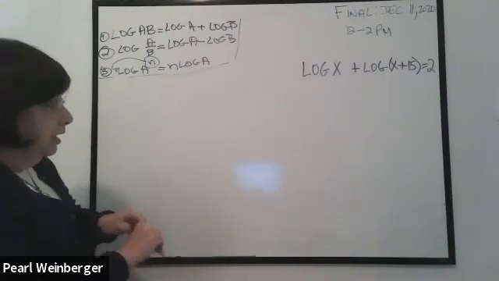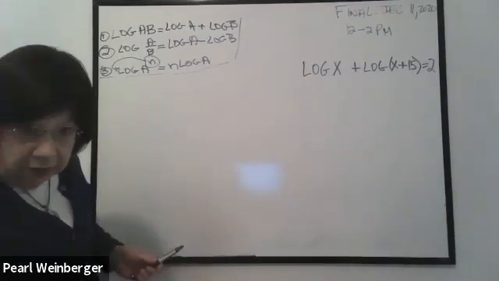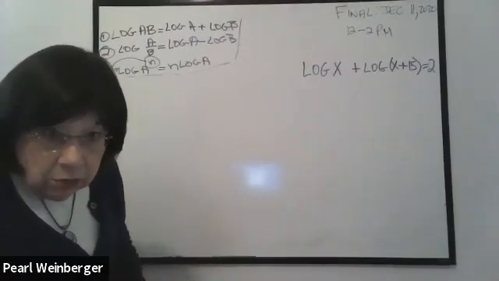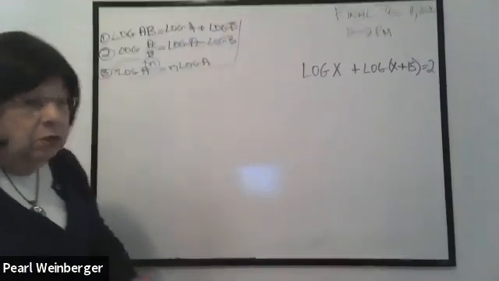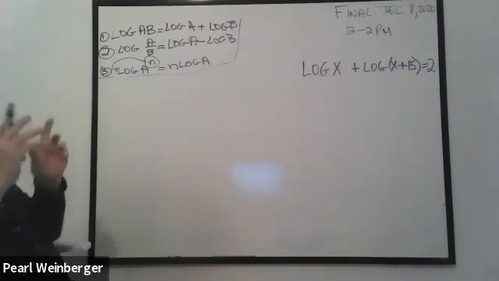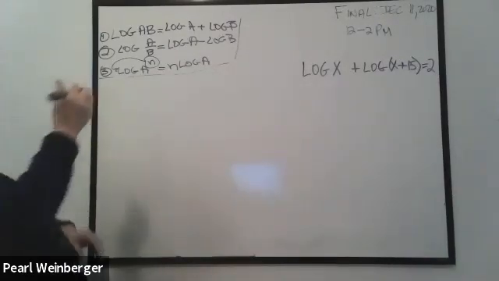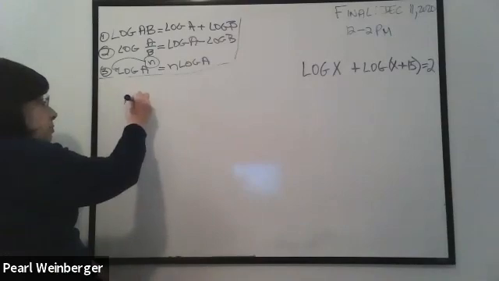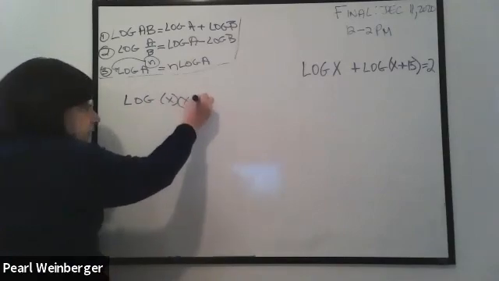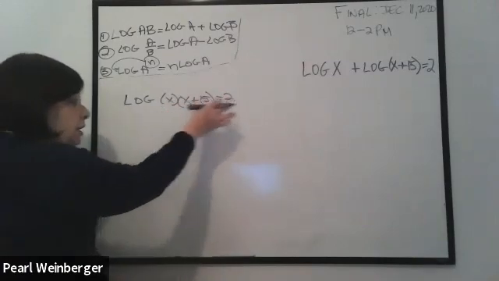Now, obviously, we have the same situation where we have more than one log at a time, and we have to combine them, contract them back to a single log. And I see the sign between the two log expressions is plus. That means, again, I'm going to be multiplying. So this is log of the x times the x plus 15 equals 2. So now we have a single log equaling a number.